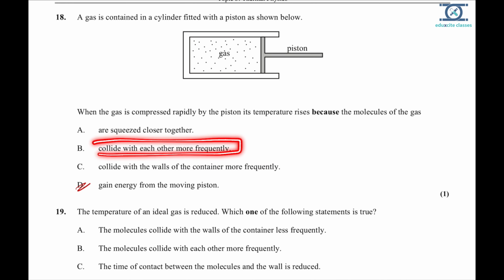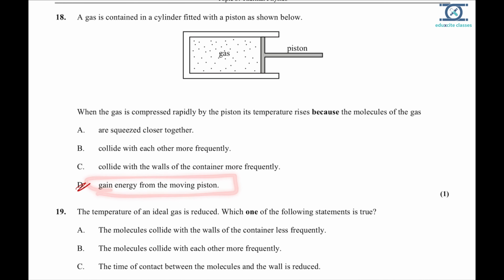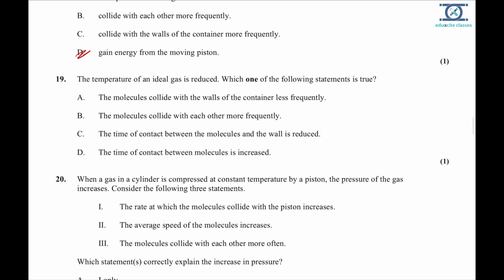Collide with each other more frequently, again that is about pressure. Are squeezed close together, that will have no effect on the temperature. So only the temperature rises because of the gain in energy. Whenever you see temperature, it should always relate to energy, and that energy is majorly the kinetic energy.